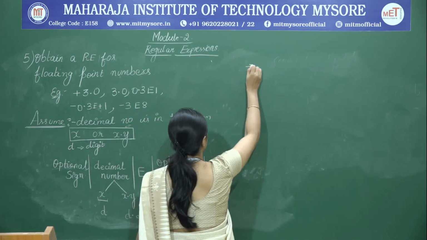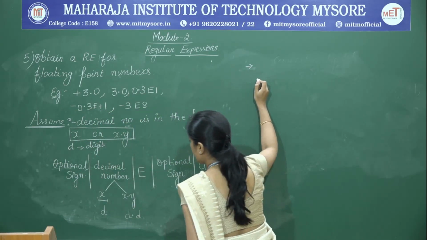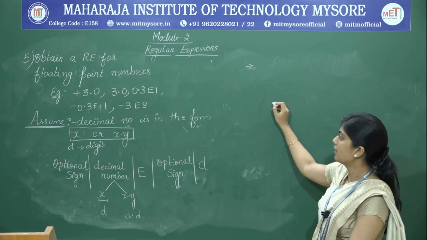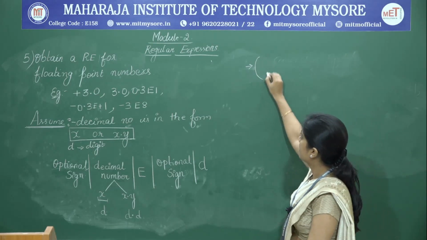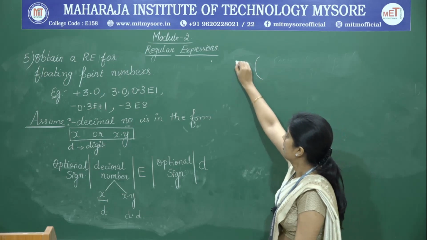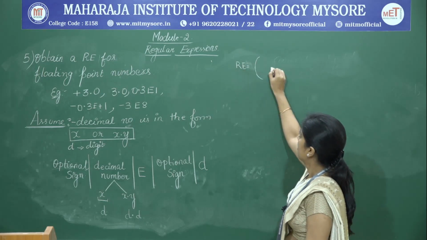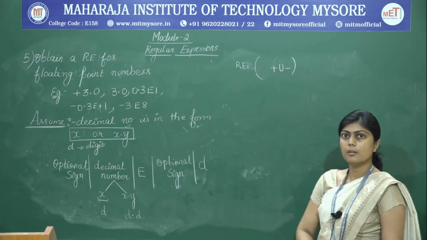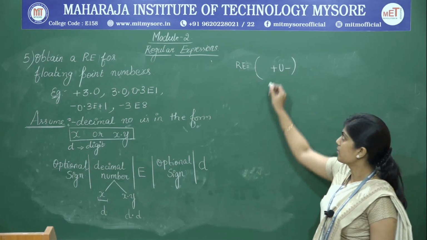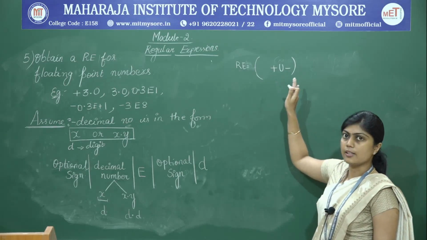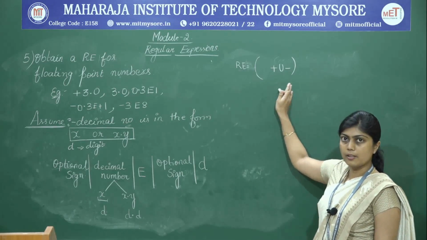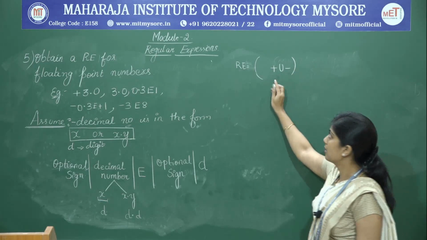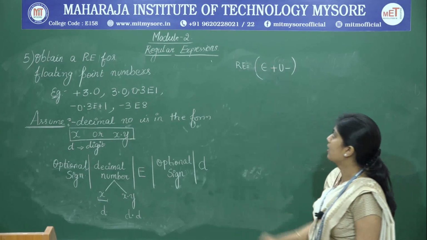Once we frame the regular expression here, first we are looking into something that says there is an optional sign. An optional sign is given as a plus or minus, but just by writing plus or minus, it says that there has to be either a plus or a minus compulsorily. Now both could also not exist, therefore we add an epsilon here.